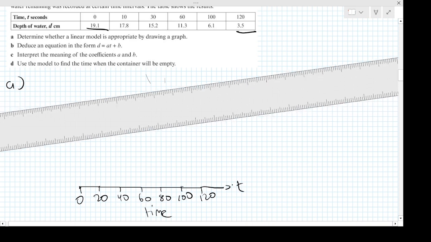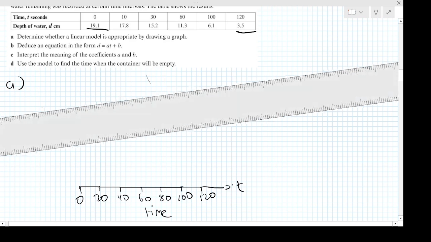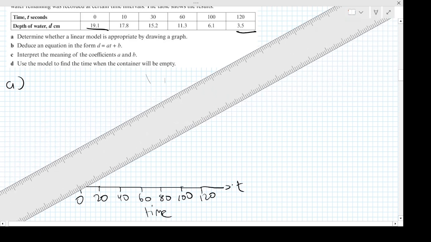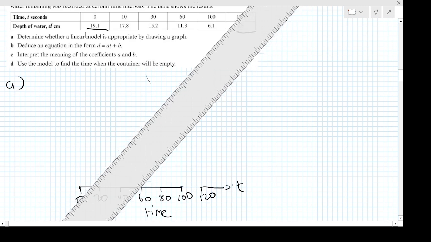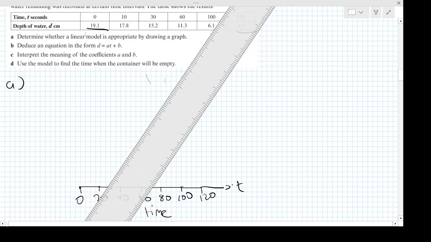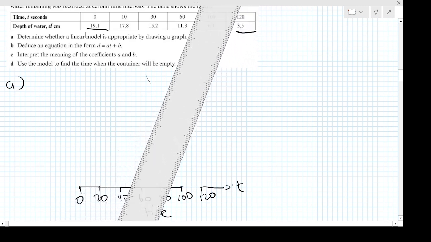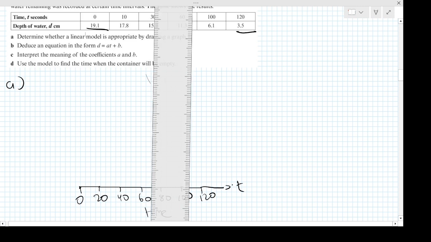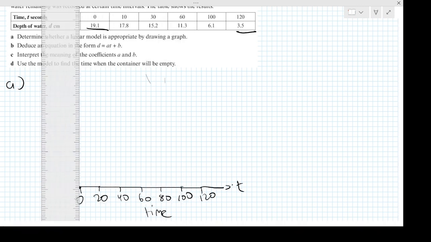So I think we should make each box 1 to be specific in that case. Let me get a nice vertical line to draw my d-axis. So we're going to go up in 1s each box this time.